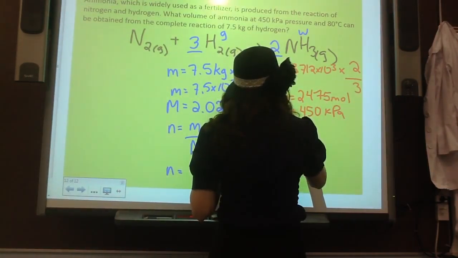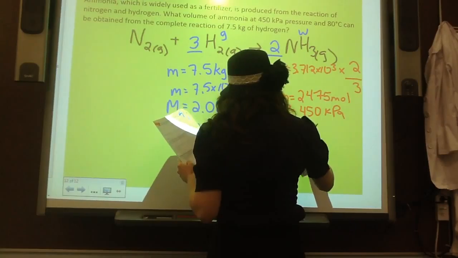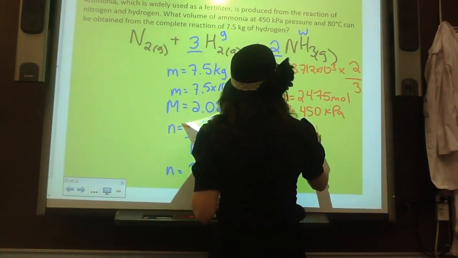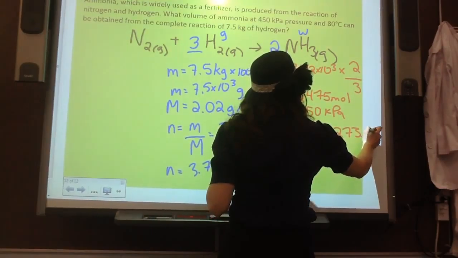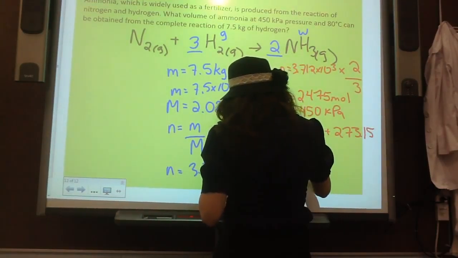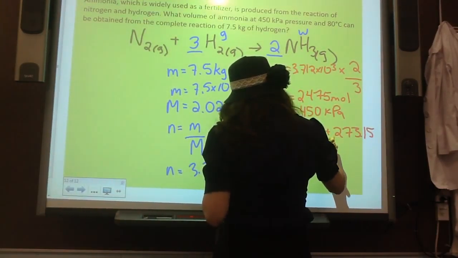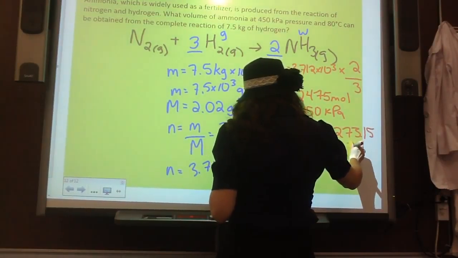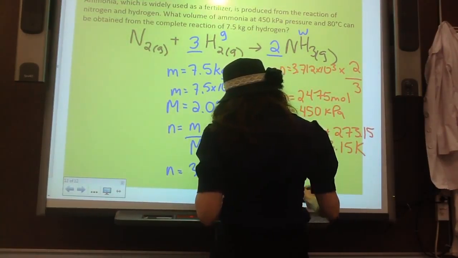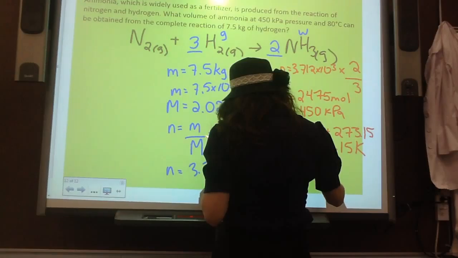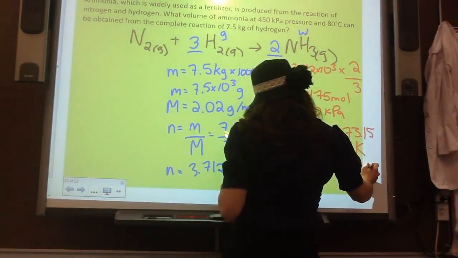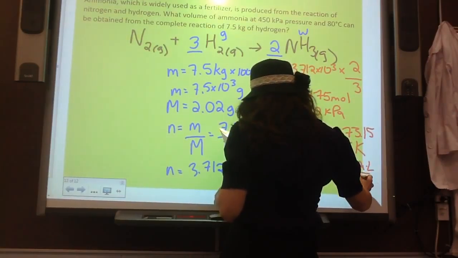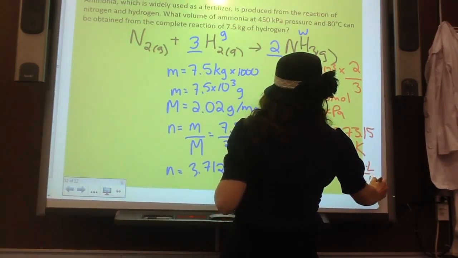My capital T is equal to 80 plus 273.15, so capital T is equal to 353.15 Kelvin. And my R is equal to 8.314 kPa times liters over moles times Kelvin.